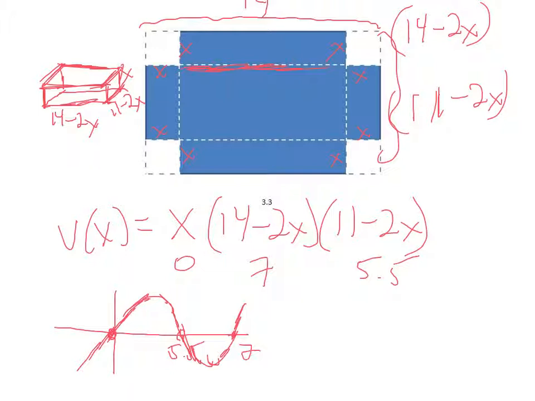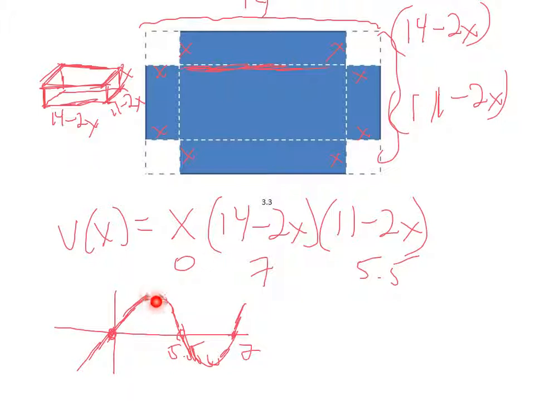Now when x equals 7, that is impossible, right? So this whole distance is out, and that's negative. We aren't going to have a negative volume. So the maximum value must happen in this range, and most likely here.